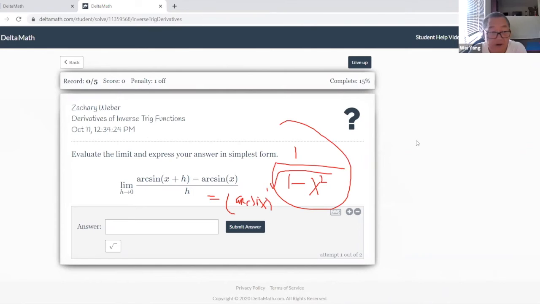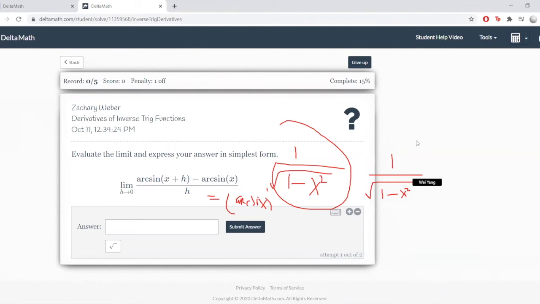Zach, are you there? Yeah, I'm here. Sorry, I just gotta understand. Is the derivative of arcsine equivalent to the one over? Yeah, 1 over the square root of 1 minus x squared. So this one is 1 over the square root of 1 minus x squared.